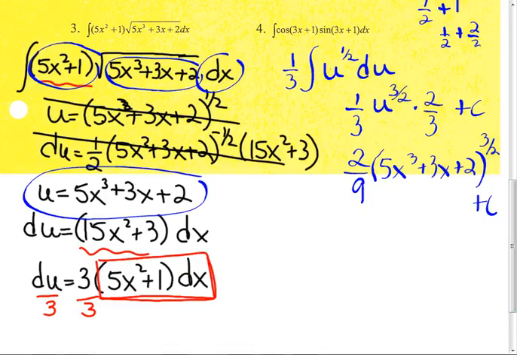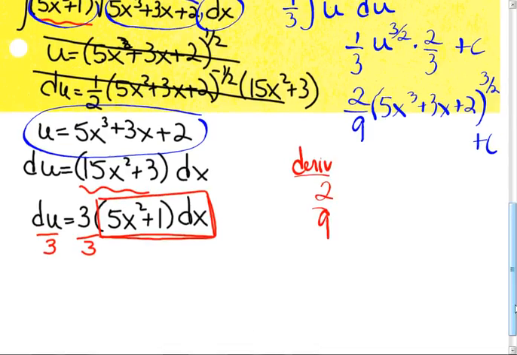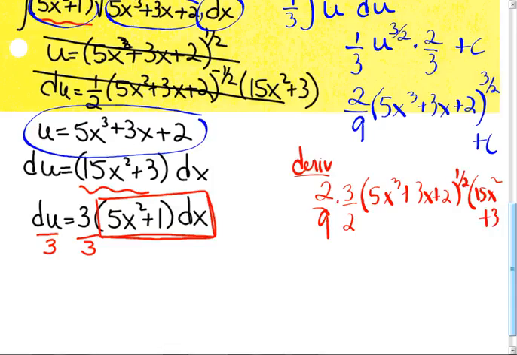So what's the derivative? It's 2/9 times what? 3/2 times this thing, 5x cubed plus 3x plus 2 to the 1/2 power, times the derivative of this, which is 15x squared plus 3.